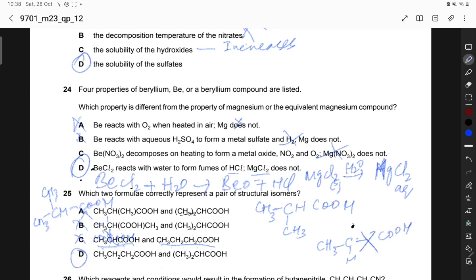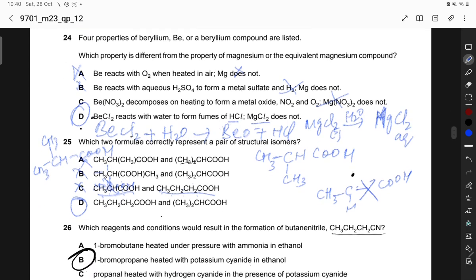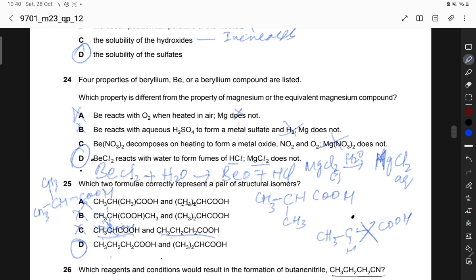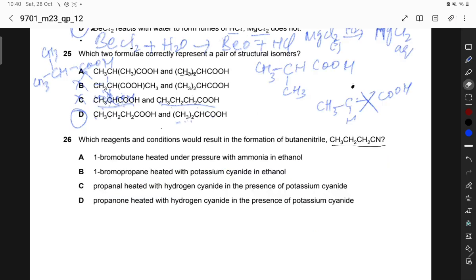So option D is correct because it is the CH3, CH2, CH3, and this is the structural formula: 1, 2, 3, 4 and 2, 3, 4. So this option D is correct.